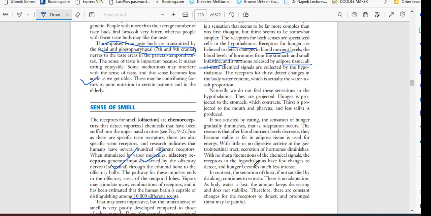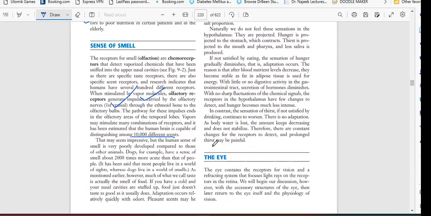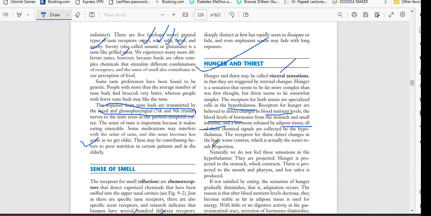Naturally, you do not feel this sensation in the hypothalamus. They are projected. Hunger is projected to the stomach, which contracts. Thirst is projected to the mouth and pharynx, and less saliva is produced.